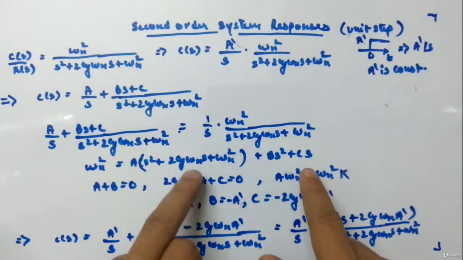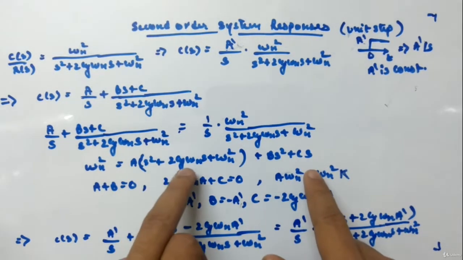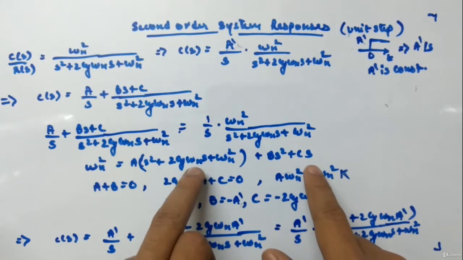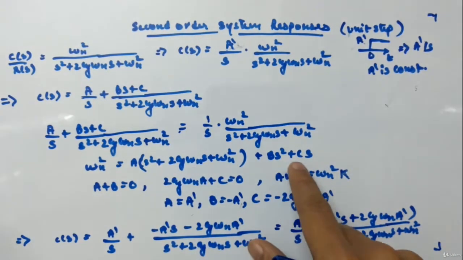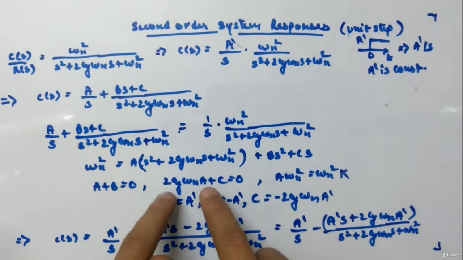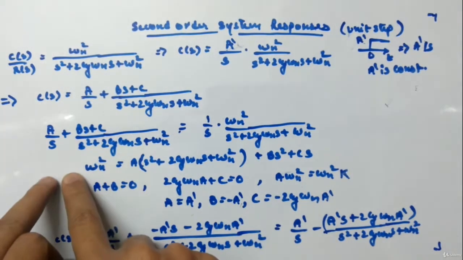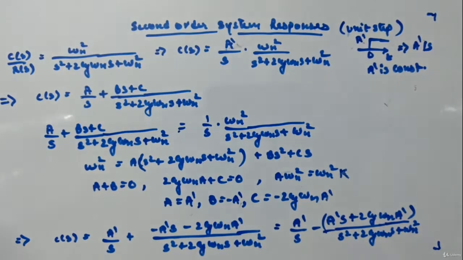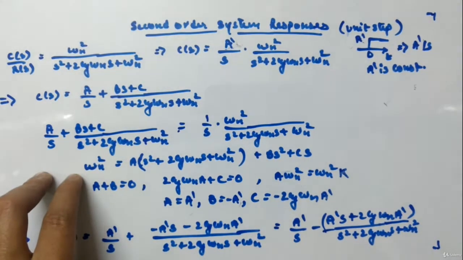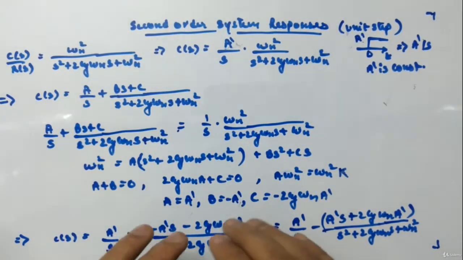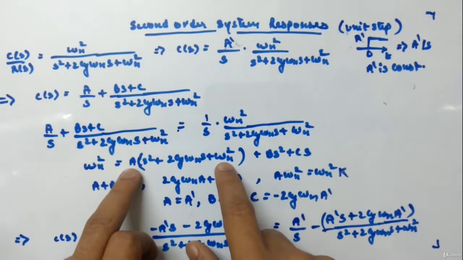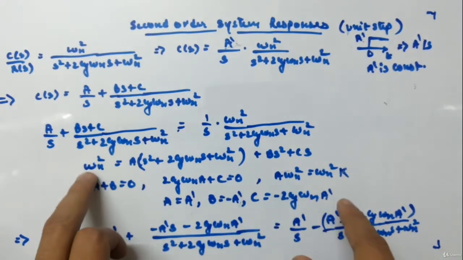Similarly, the coefficient of s, if you see, is A 2 zeta omega n plus C, and on the left side you don't have any coefficient of s. But when you come to the constant part, which is A omega n square, you have a constant on the left side.